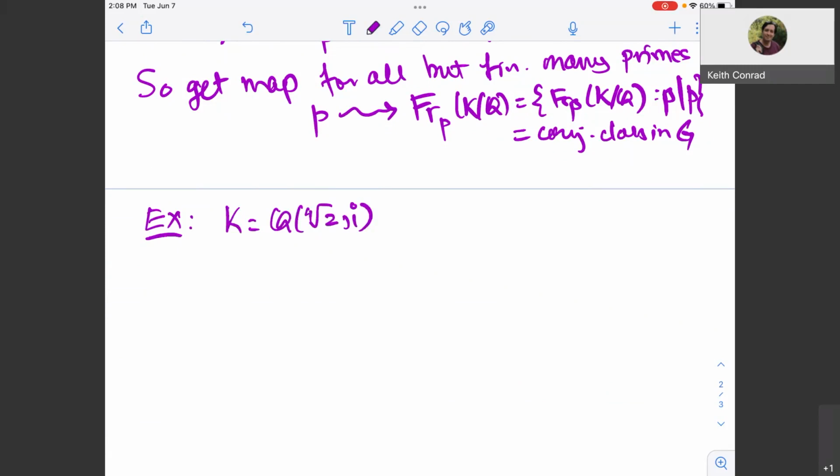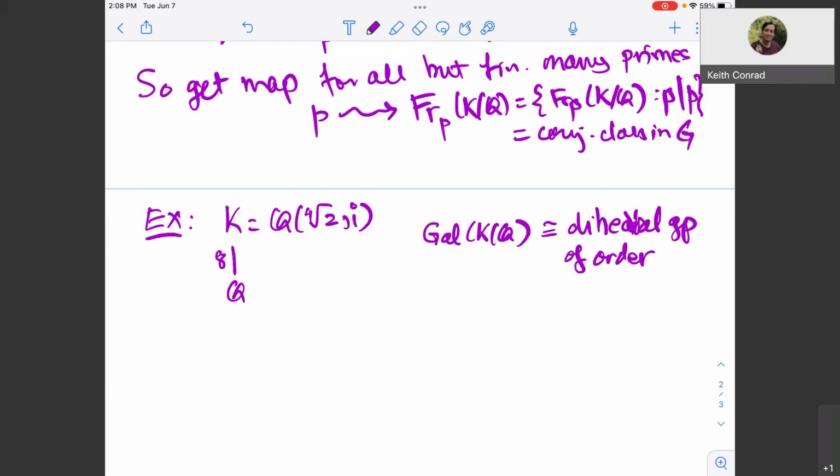Okay, so this is a Galois extension of Q of degree 8. The Galois group here is isomorphic to the dihedral group of order 8. Whether you want to call that D4 or D8, that's up to you.